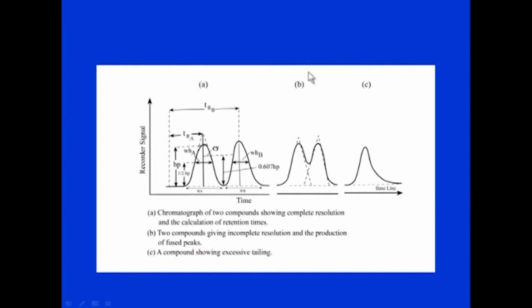There could also be other problems, like peak trailing, and there could be fronting also, where peaks are not very sharp and they kind of drag, and you do not get a very good purification. So there could be a lot of different conditions, and you can see the resolution in terms of peak shape and peak heights, how they are resolved, whether they are separate from each other, and all those things can be looked at from this figure. All right.